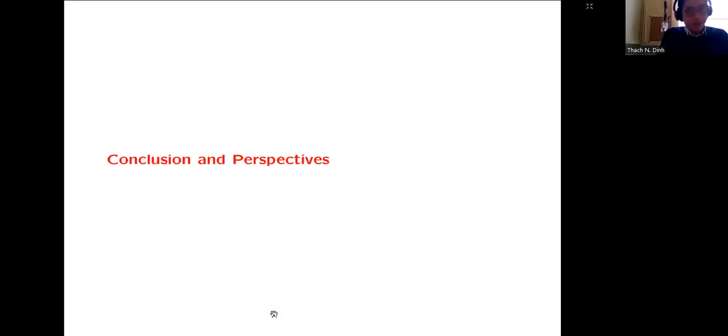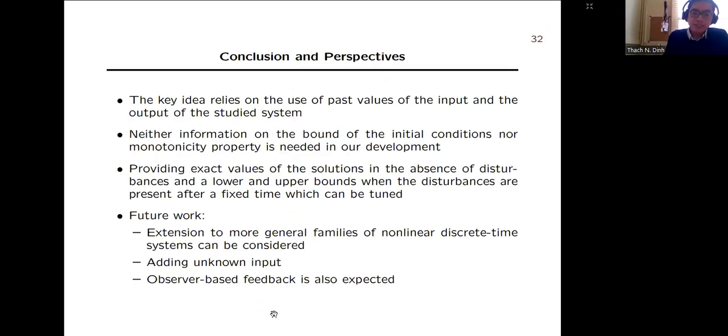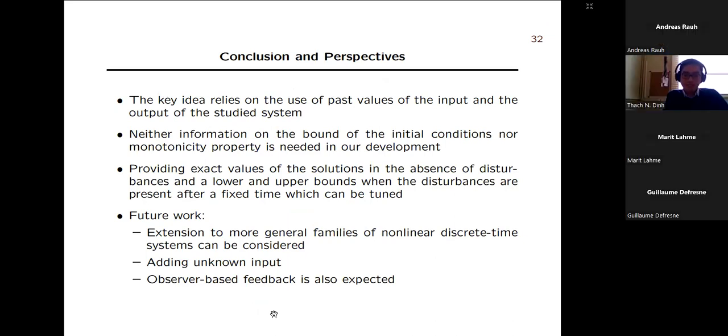So let me conclude my talk today, and the key idea relies on the use of past values of the input and the output of the system. It's an artificial delay, because as you see, the system is not affected by delay, but the delay is added intentionally to the design to obtain exact estimate of the state.